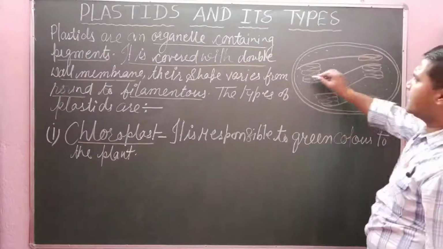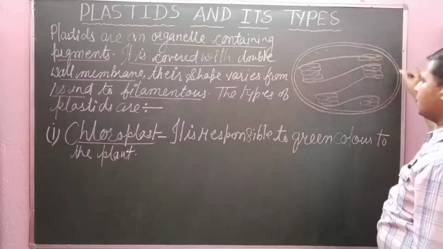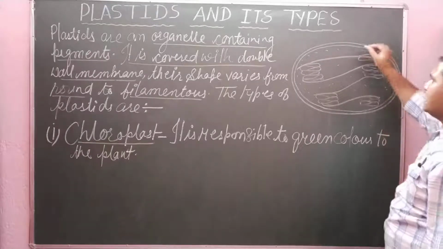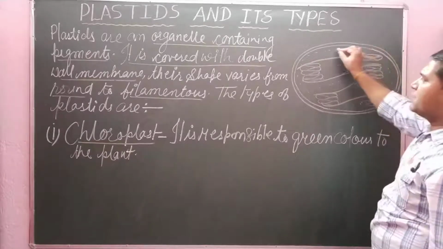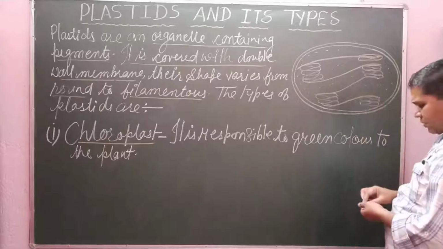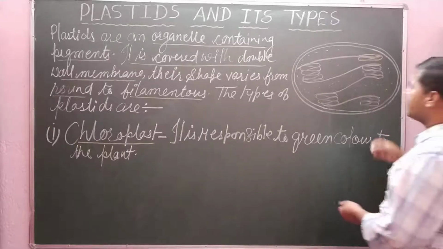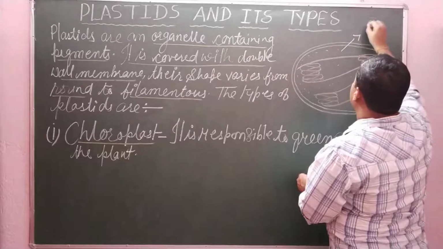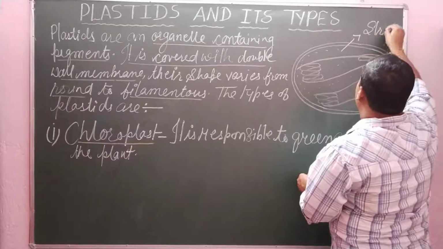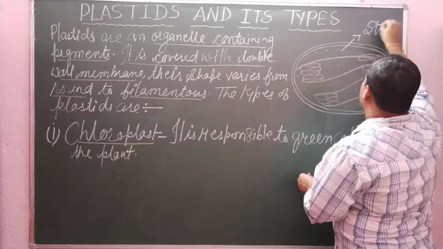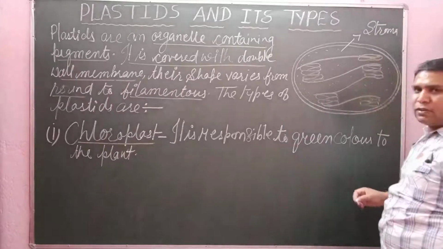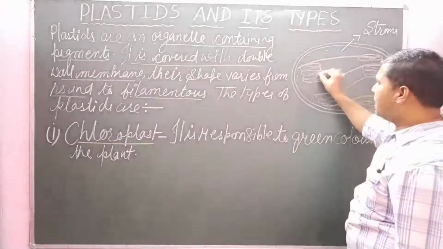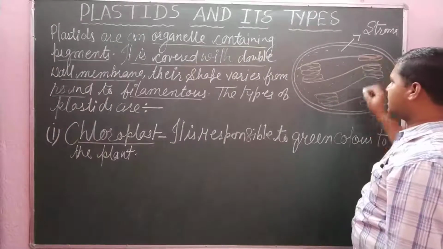Dear student, chloroplast has a double wall membrane, and just beneath the membrane there is the liquid medium. The liquid medium in the chloroplast is known as stroma. And you see here a flattened piled structure.